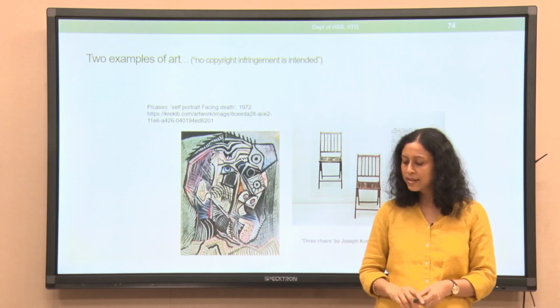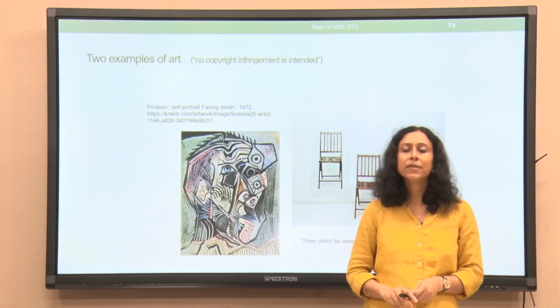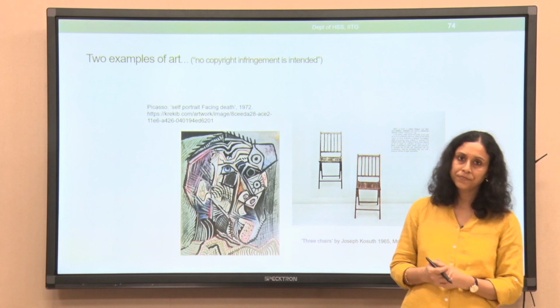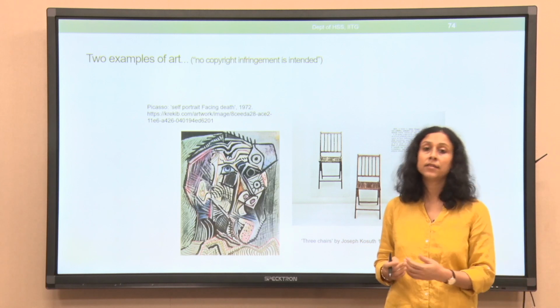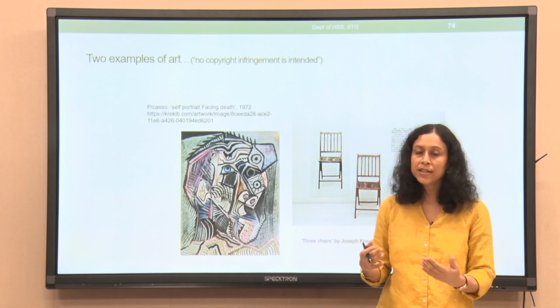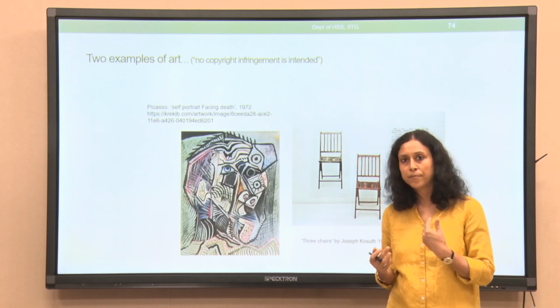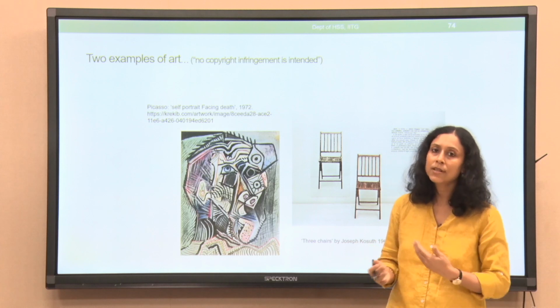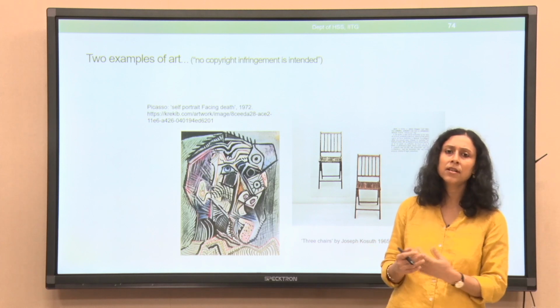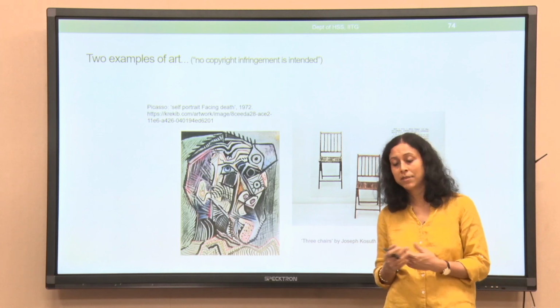Now, if you consider these two, there is no similarity either in terms of material, in terms of how the output is, what the display is, who is considered the artist, what the type of engagement is, what the material used is and so on. There is absolutely no similarity.